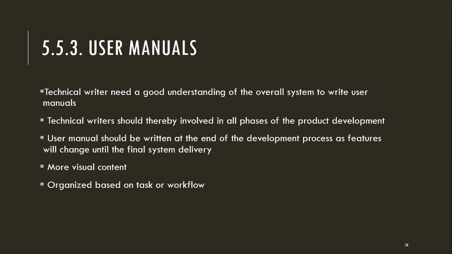So all that would be used in more visual content than text. And the user manual should be organized based on task or workflow, how the machine is going to work.